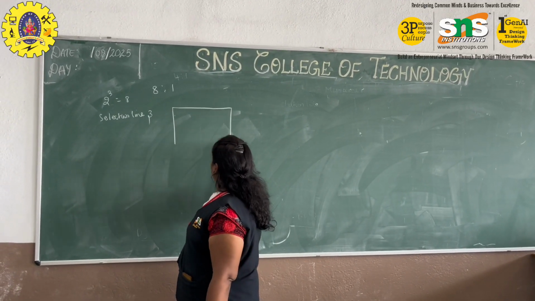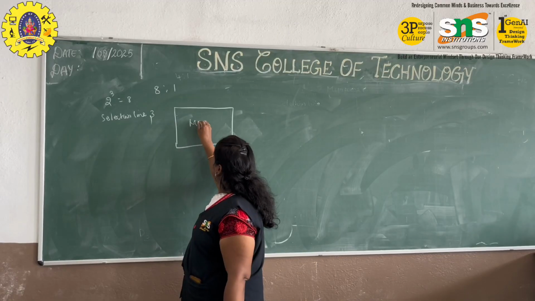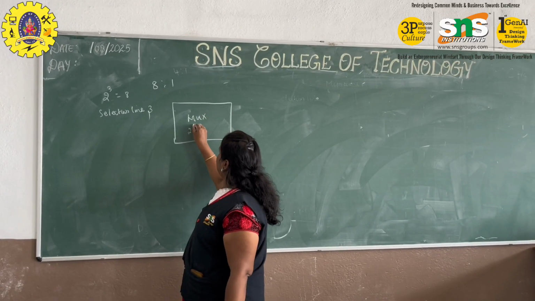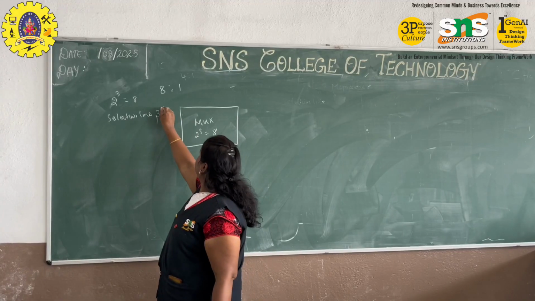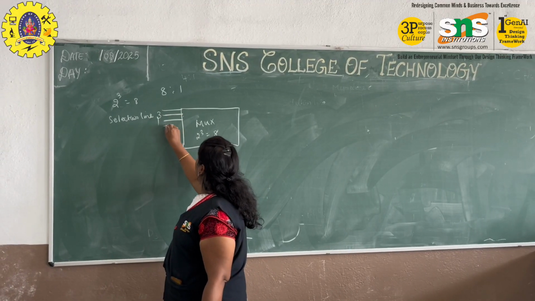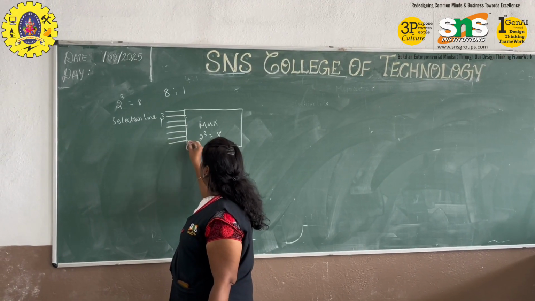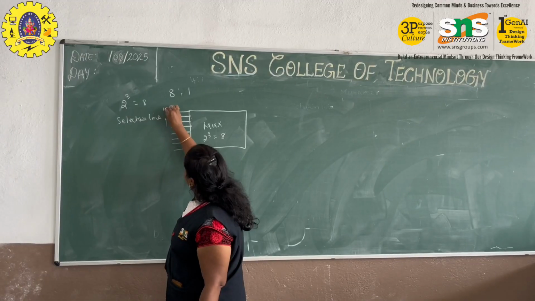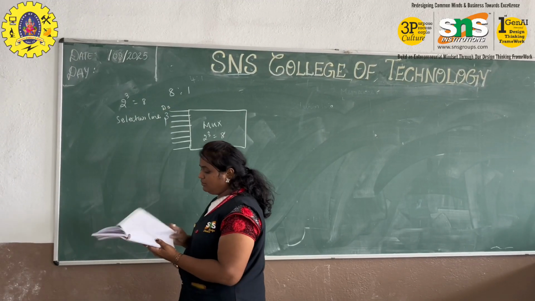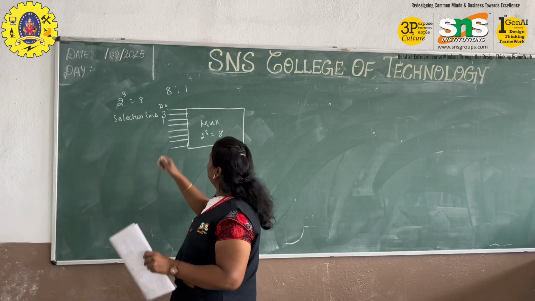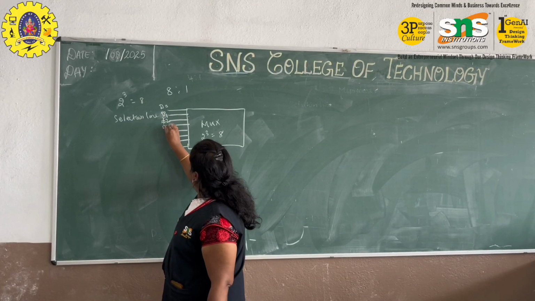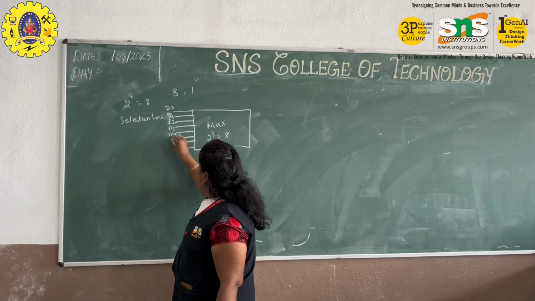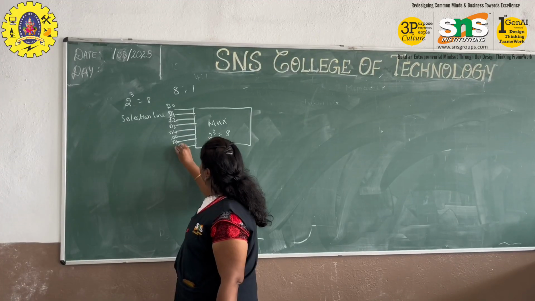So we will draw the block diagram. This is a mux. 2 power 3 is 8, so we have to give 8 input lines: 1, 2, 3, 4, 5, 6, 7, 8. We start with D0, D1, D2, D3, D4, D5, D6 and D7.